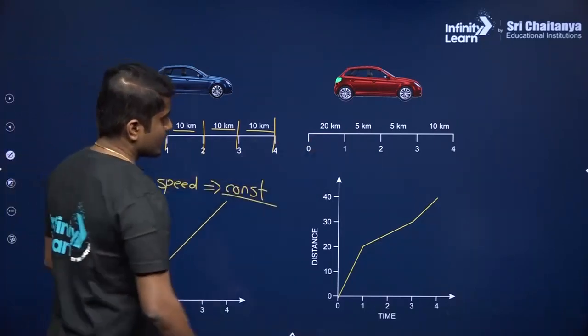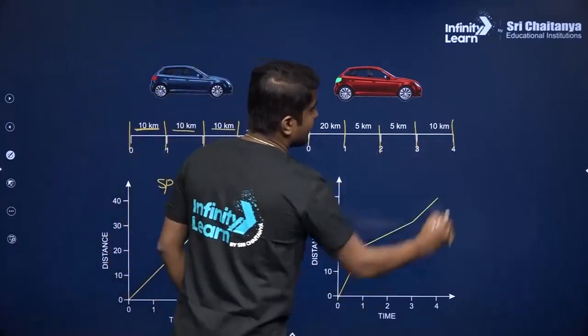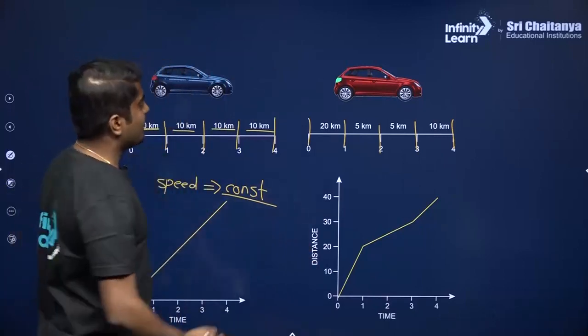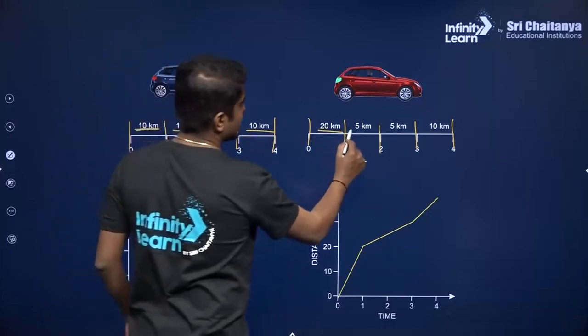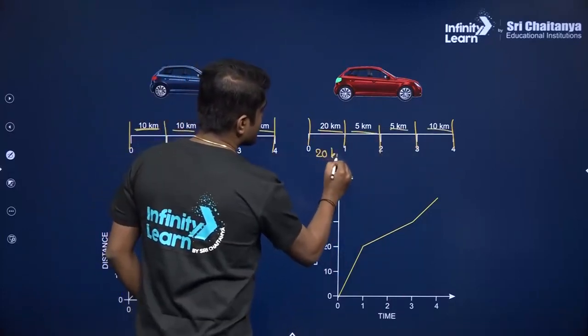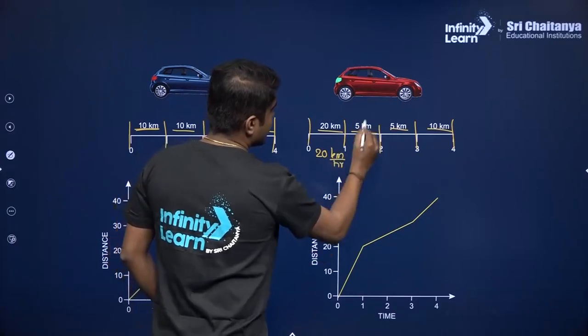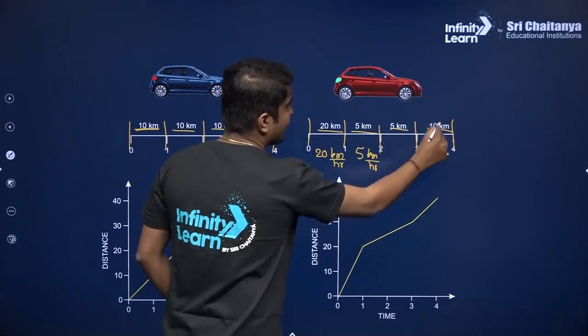But here, you see these time intervals, again the time intervals are equal, but the distance traveled in the first hour is 20 kilometers, then 5, 10. So the speed would be 20 kmph, kilometers per hour. Here it would be 5 kilometers per hour, again 5, again 10.